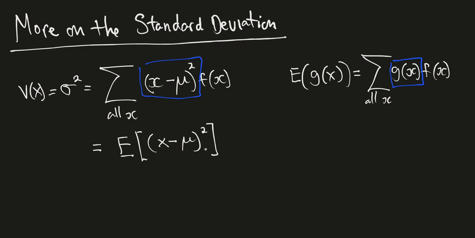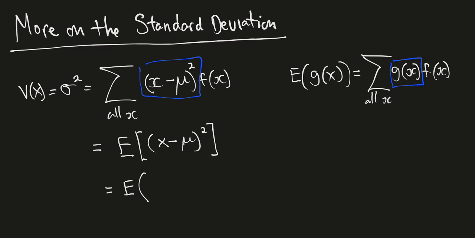So what we can do, now that we have a few more properties of the expected value, let's rewrite this. Let's do some algebra with this and apply those properties and see if we can come up with a slightly different formula. All right. So the first thing I will do, let's expand the binomial x minus mu, and then I can drop the square brackets.